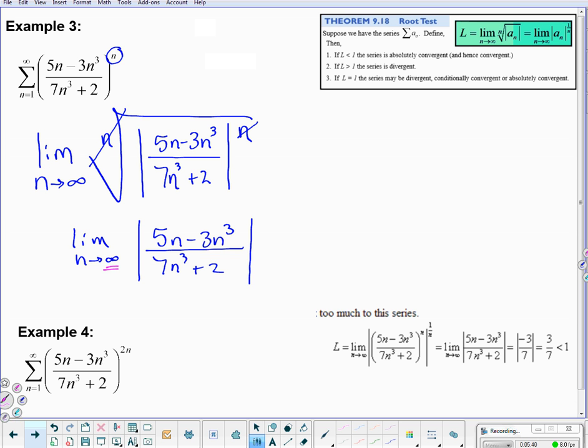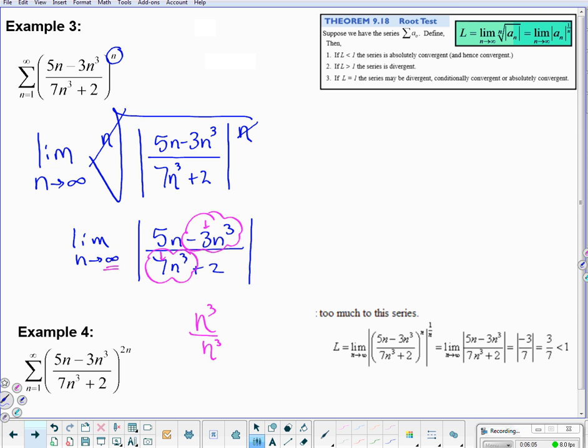All right, now analyzing this. If I'm looking at a limit at infinity, I can really zone in on the largest powers, right? The highest degree in the top compared to the highest degree in the bottom. In this case, we get n cubed over n cubed. If that's the case, then it is the coefficients that we want to compare.